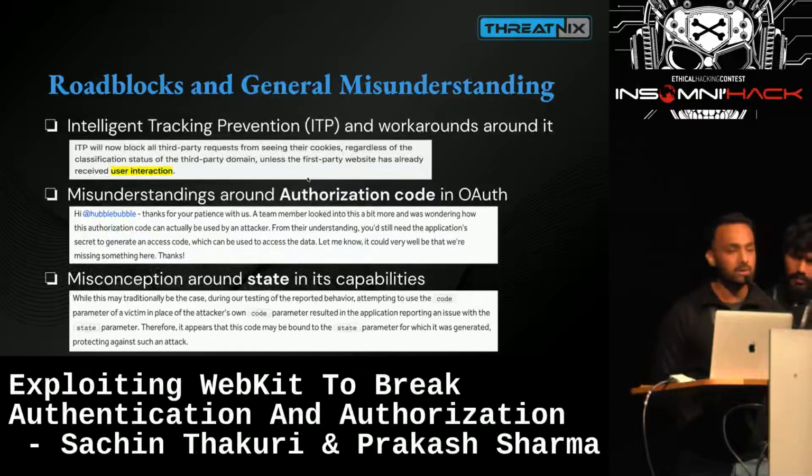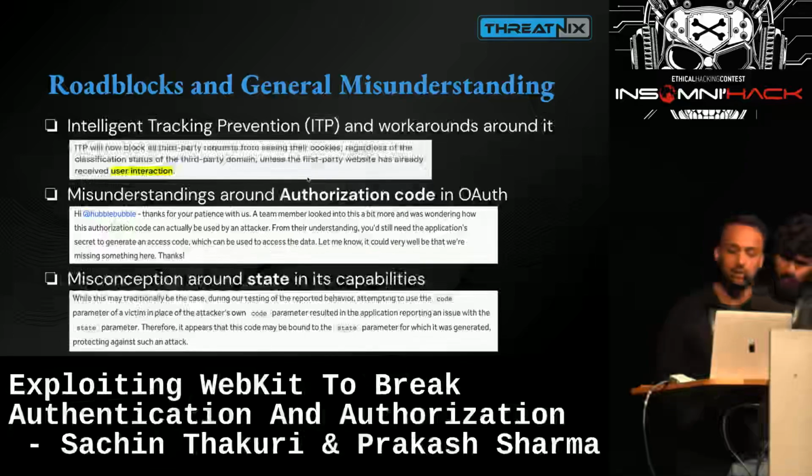And due to the nature of the attack, where the bug relied on making third-party requests, ITP rendered the attack unusable on the latest version of WebKit. And according to documentation from WebKit, to circumvent it, there needs to be a user interaction. It could either be a tap, a click, or a use of the keyboard with your website as first party.